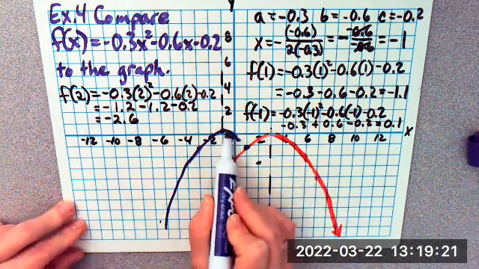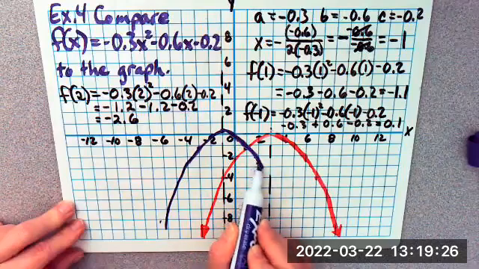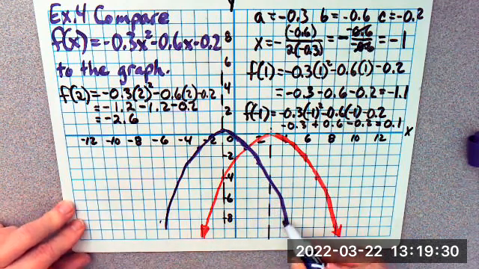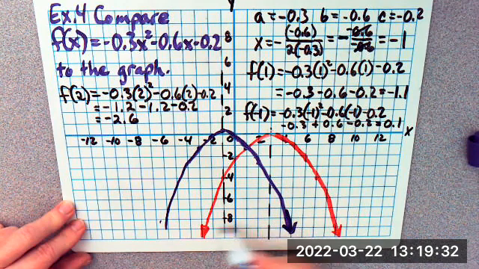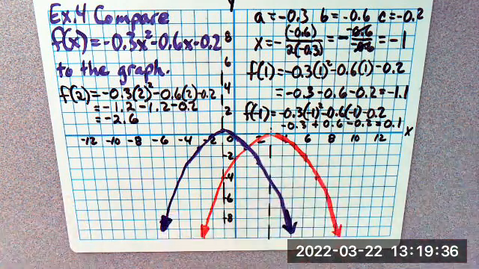I think this is the same parabola, just shifted. It's the same parabola, it just has a different line of symmetry, and its vertex is slightly raised here. All right, so there we have it.